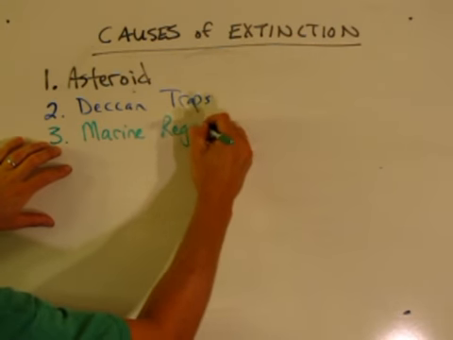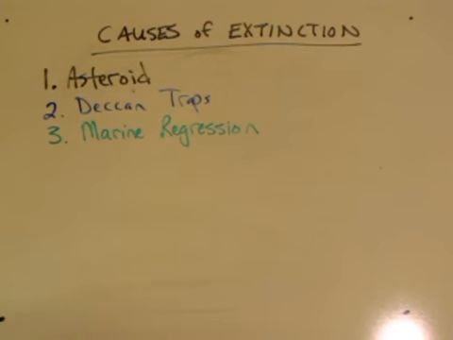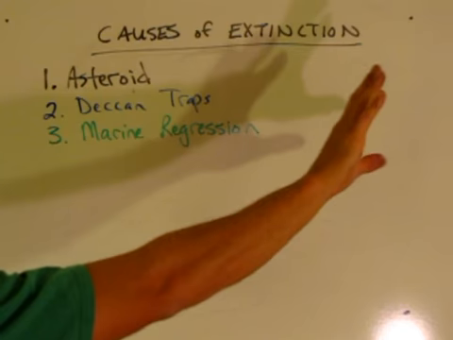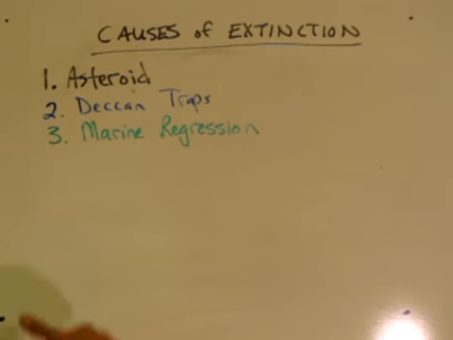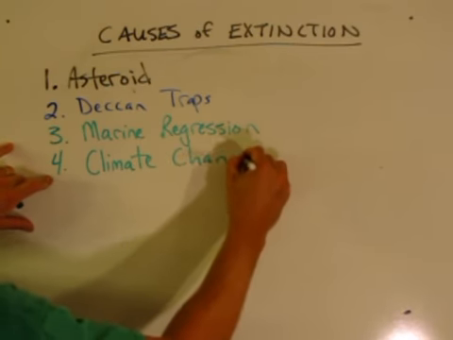We also, a third one is what's called marine regression. This is where the coastal regions along water sources were drying up and water was receding, pulling away from the ocean. Populations of dinosaurs are stressed, dinosaurs died out. This climate change.